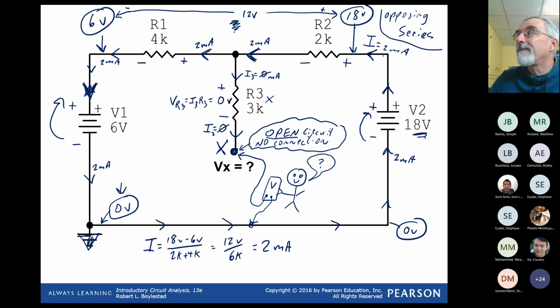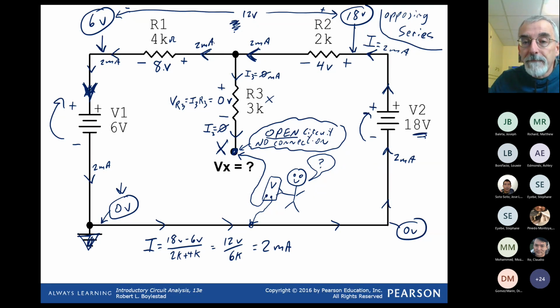You have 2 milliamps times 2K. When you see current entering a resistor, multiply them, it will give you the volt drop. 2 milliamps flowing through 4K, 2 times 4 is 8. K times milli cancel out. Ohms times amps gives you volts. So I have 4 volts, 8 volts.